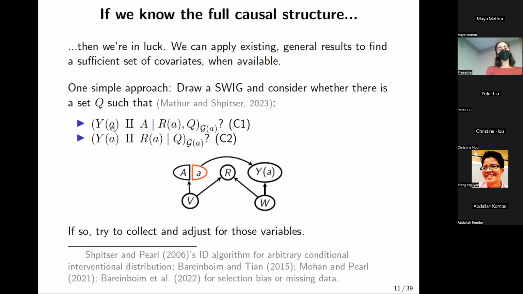In other words, no backdoor paths in the SWIG between Y^a and A, conditional on R. The intuition is that we need to not have internal bias with respect to the selected group, but we don't care if there's some path between Y and R, because that would essentially be a generalization problem, which we're not worried about in the setting that you described.